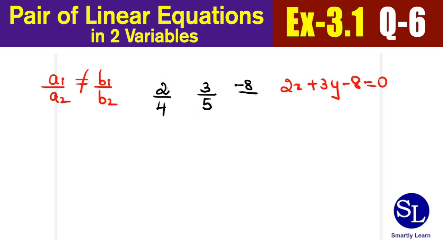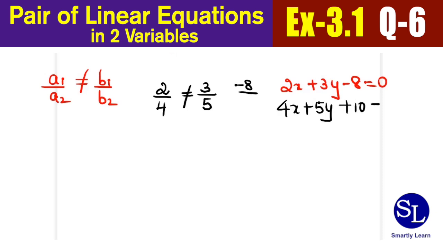So now what happens? This fraction is 2 by 4, that is A1 by A2. B1 by B2 is 3 by 5. They are not equal. So therefore, this line that I form with this coefficient is going to be an intersecting line. So now let's form the equation for the next line, which is going to be 4x plus 5y plus any number of our choice is okay.